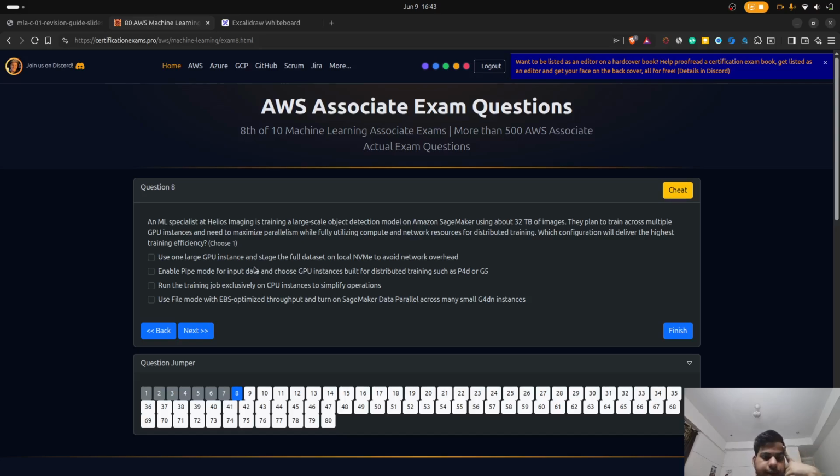Okay, let me think. Use file mode. Large scale object detection model, SageMaker, 32 TB, GPU instances, multiple, and need to maximize compute.